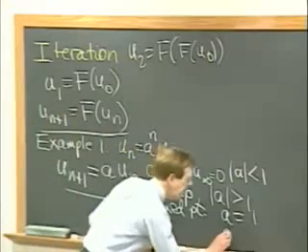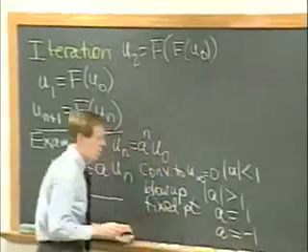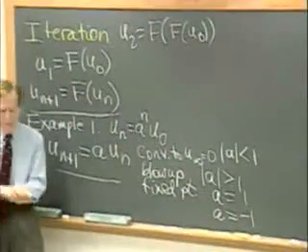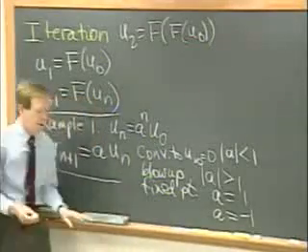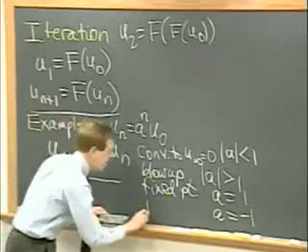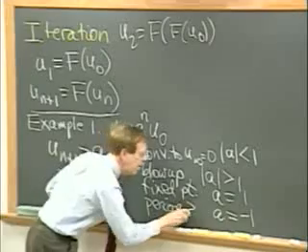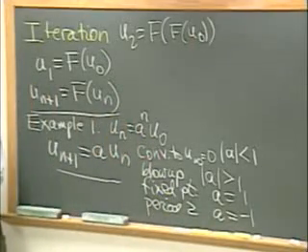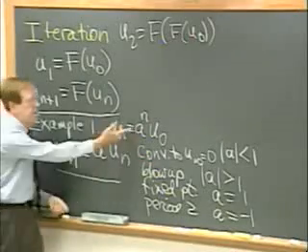And what happens if a is minus 1? It would go u0, minus u0, plus u0, minus u0. It would oscillate. So it would have period 2. Can I use that word, period 2? It would oscillate between a pair of values, plus and minus u0. Okay, so those are some possibilities that show up even in this simple case.